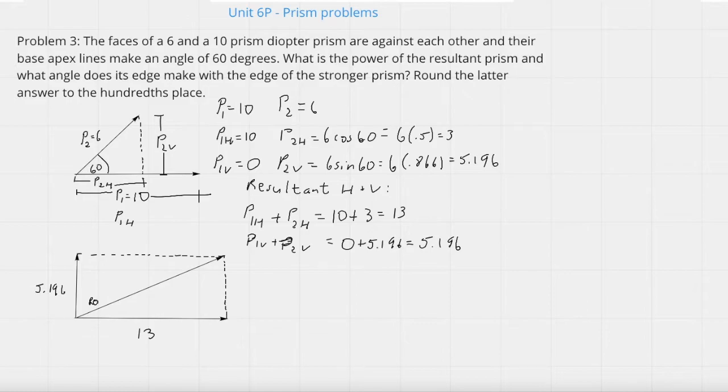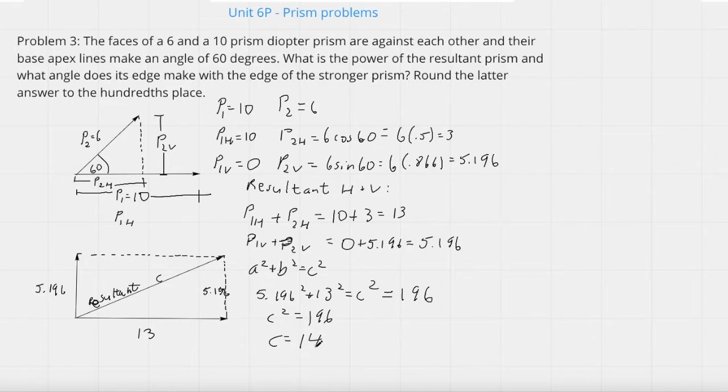A and b are the legs of the right triangle, and c is the hypotenuse of this right triangle, which corresponds to the power of the resultant prism. So this side is also 5.196. So 5.196 squared plus 13 squared equals c squared. And we find that c squared equals 196. So we take the square root of both sides, and we find that c equals 14 prism diopters.